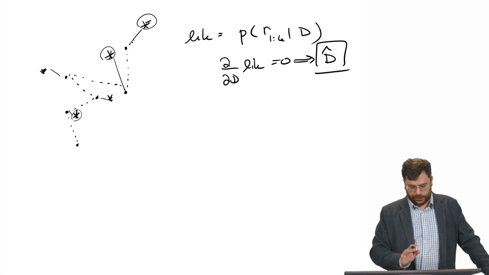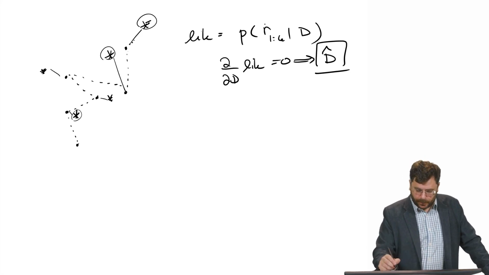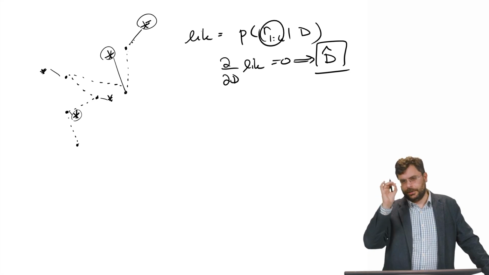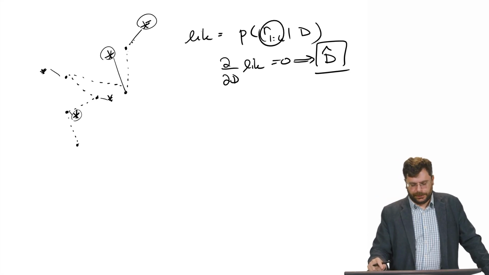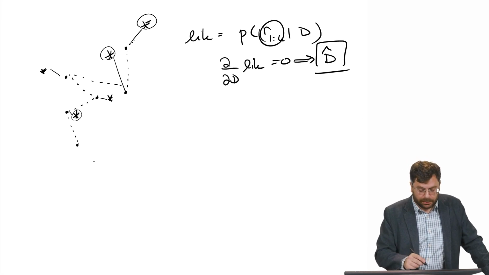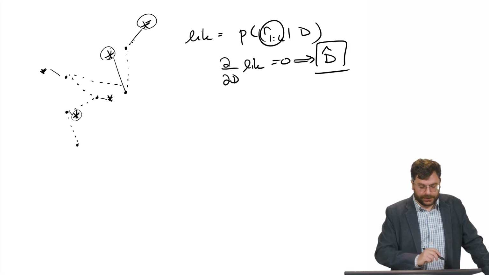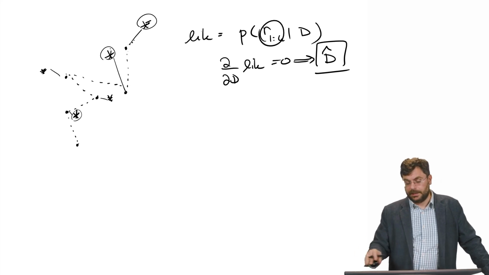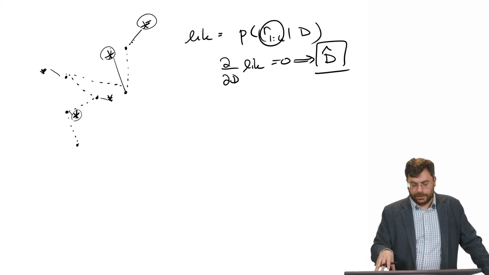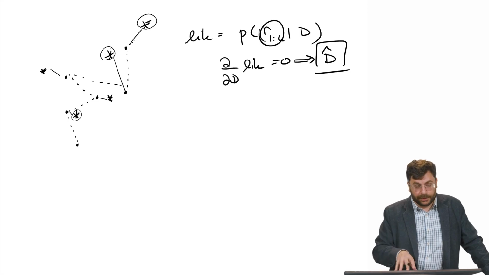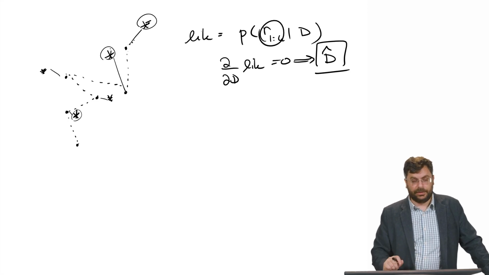What if I ignore noise? What if I say that my positions are the true positions? What happens to my estimate for the diffusion coefficient? That's an interesting question. I'm going to ignore noise, and I'm simply going to assume that the positions that I measure are correct.